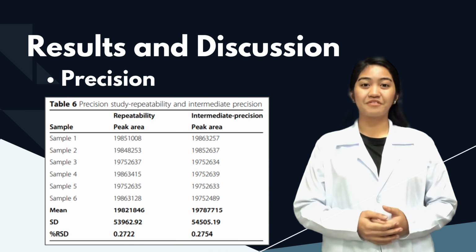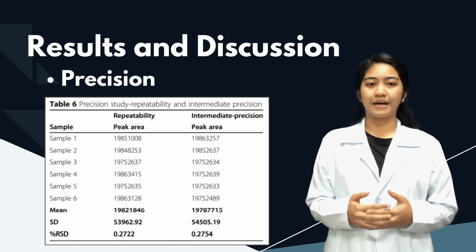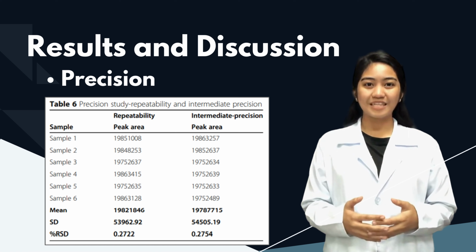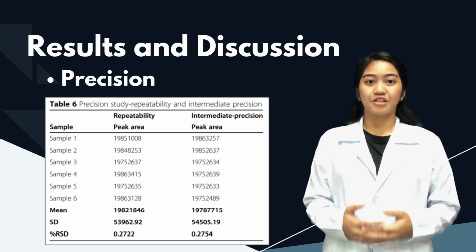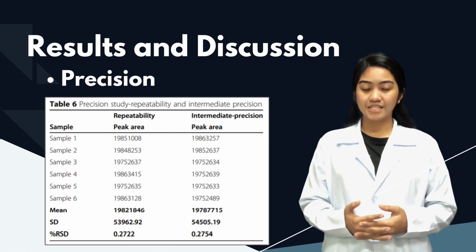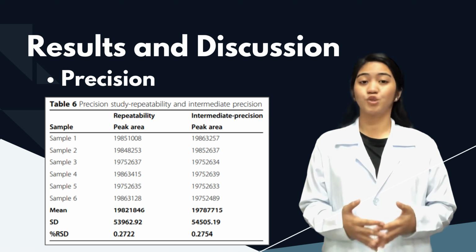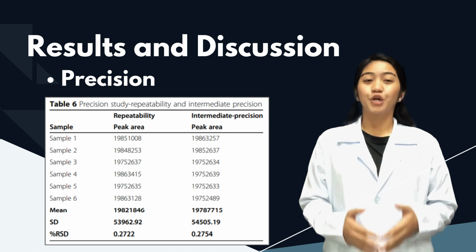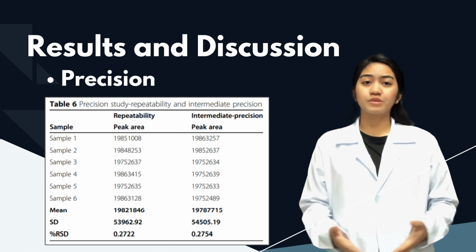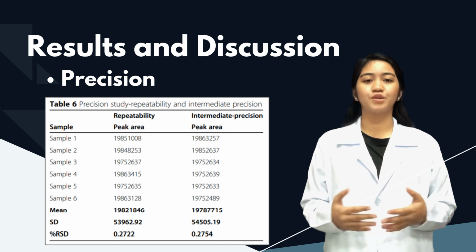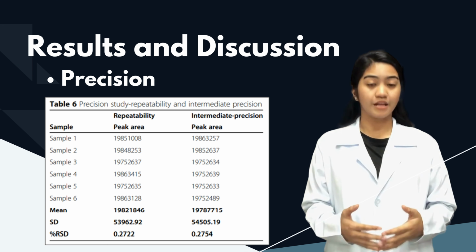The precision of the method was evaluated by analyzing 6 replicates of THC at 3 different concentration levels. The percent relative standard deviation for intraday and interday precision was found to be less than 2%, indicating good precision. Both results of accuracy and precision indicate that the method can produce reliable and reproducible results.